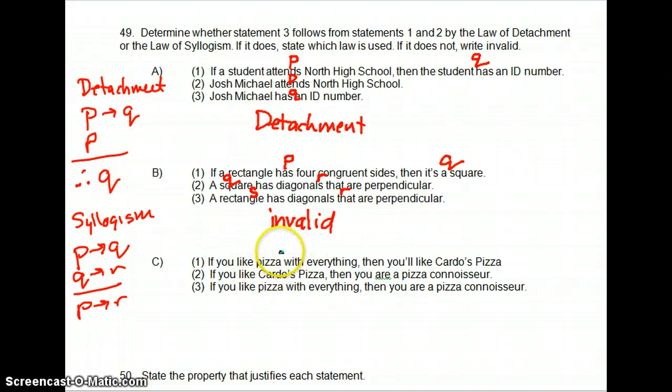C, if you like pizza with everything, P. You like Cardo's, Q. If you like Cardo's, Q, you're a pizza connoisseur, R. If you like pizza with everything, P, you're a connoisseur, R. This is syllogism.